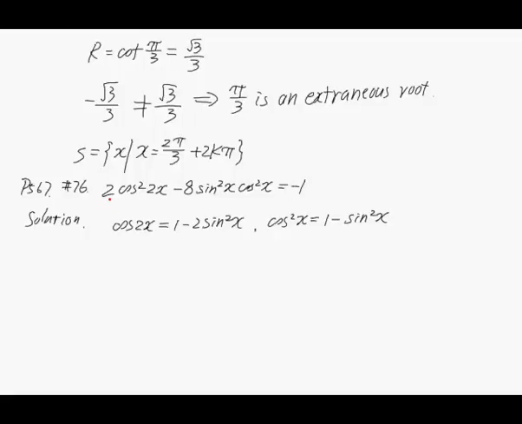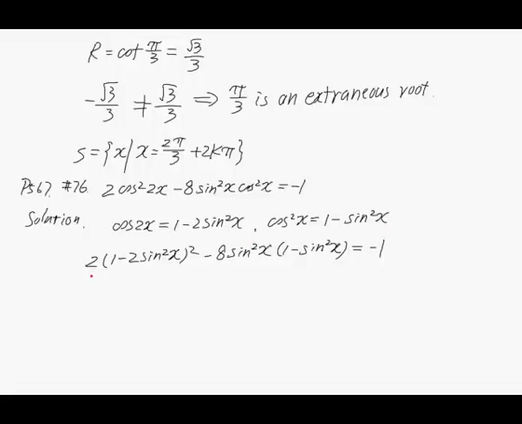So the original equation becomes 2 times the square of (1 minus 2 sine square x), minus 8 sine square x times (1 minus sine square x), equal to -1. Now let's try to expand the left side.